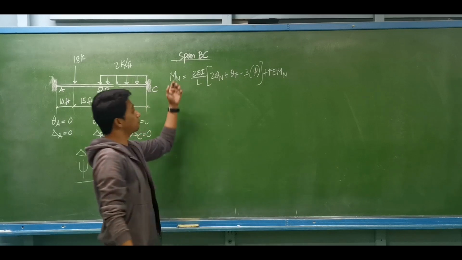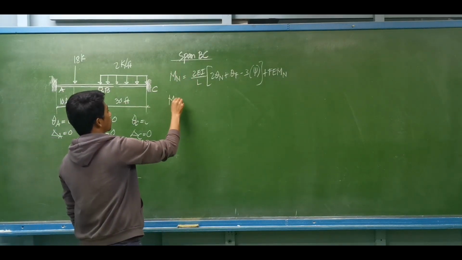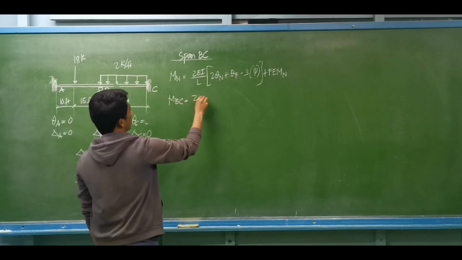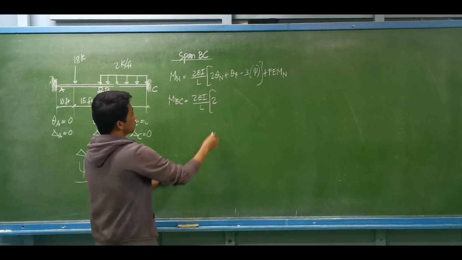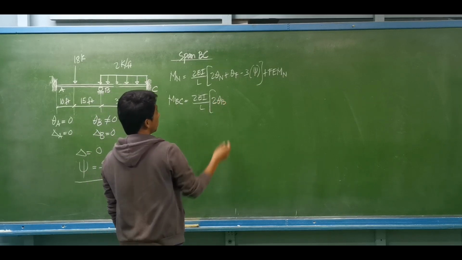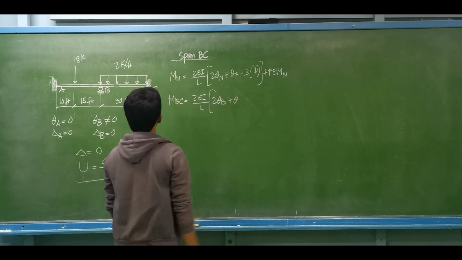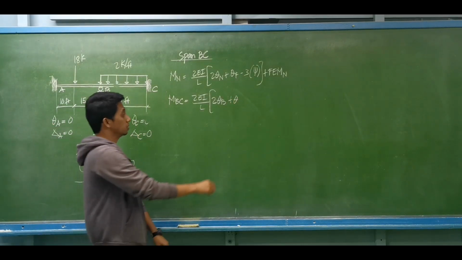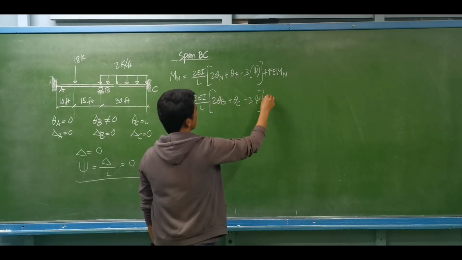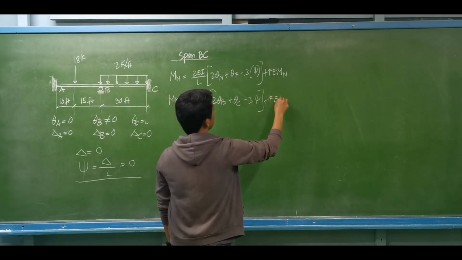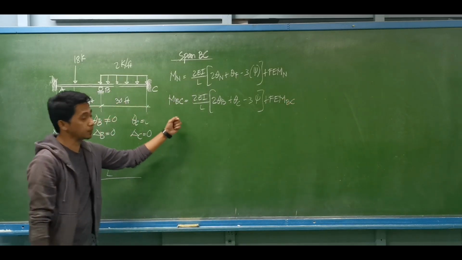So for span BC, the moment for span BC is equal to 2EI divided by the length, twice the rotation of the near point, point B, plus the rotation of our far point, point C, that is theta C, minus 3 times the psi, plus the fixed end moment for member BC. This will be our equation.